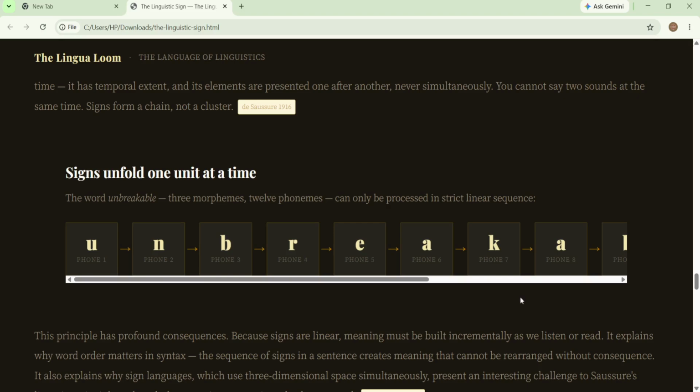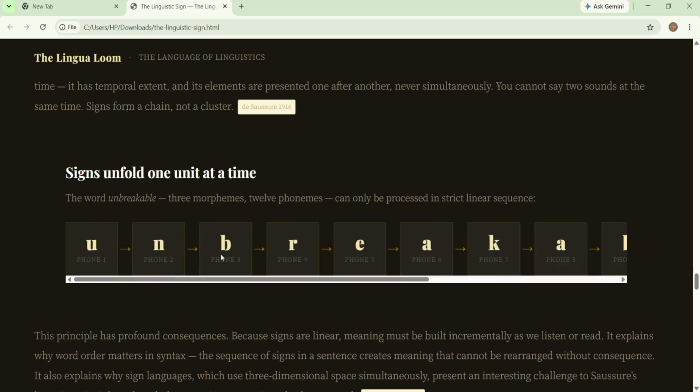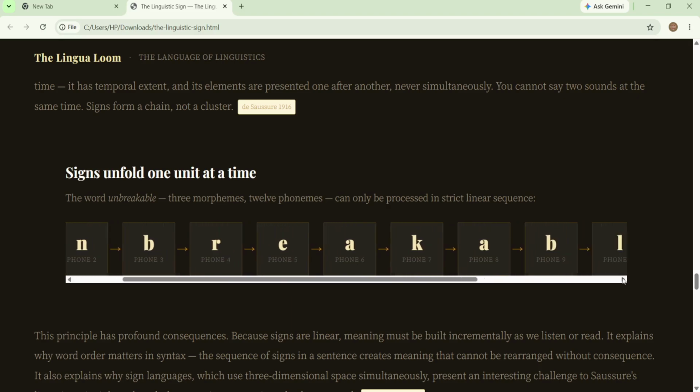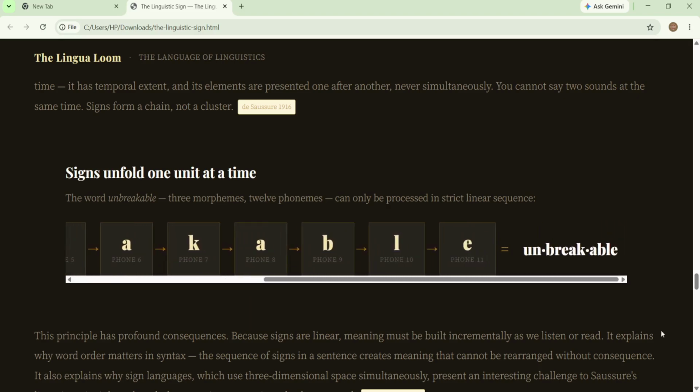Here is another example, "unbreakable." You are going to say first un, then b, r, e, a, k, a, b, l, e: unbreakable.